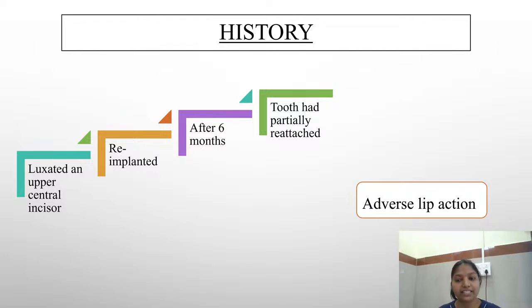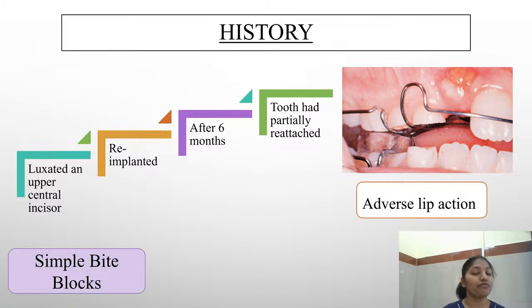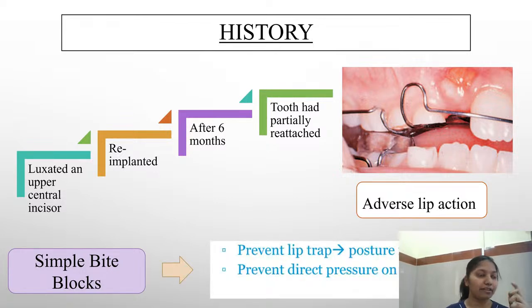To prevent this, it would be necessary to design an appliance that could be worn full time. So Clark devised simple bite blocks. He placed the bite blocks in the patient to separate the mandible and the maxilla, and also to prevent the lip trap and the direct pressure on the upper incisor.